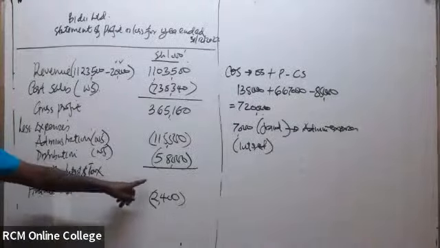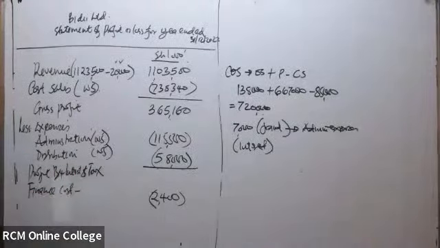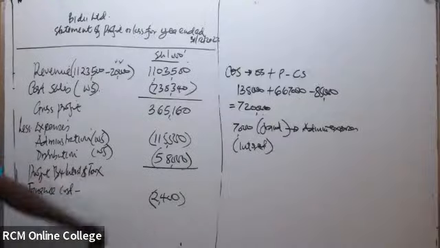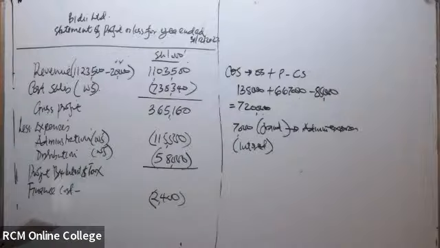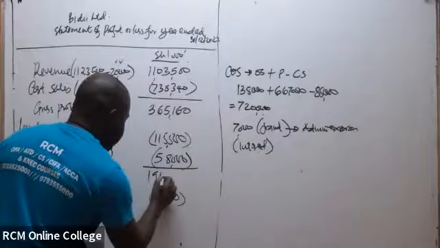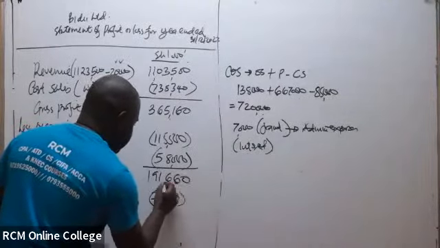So how much are you having to get? The profit before interest and tax is 191,660.